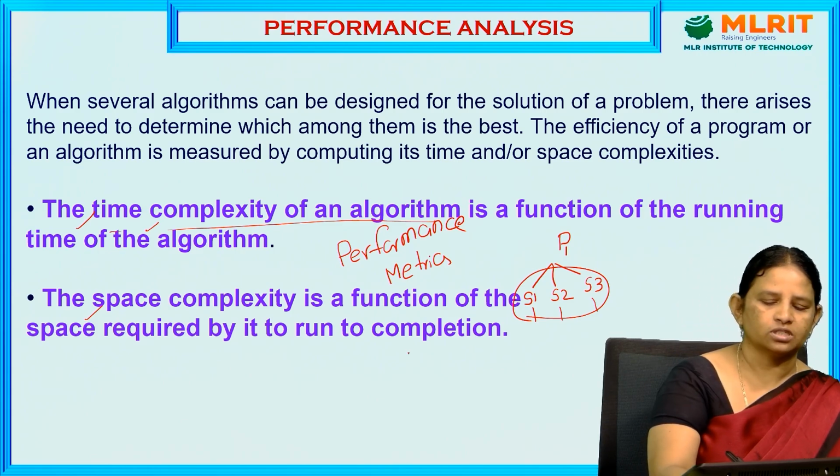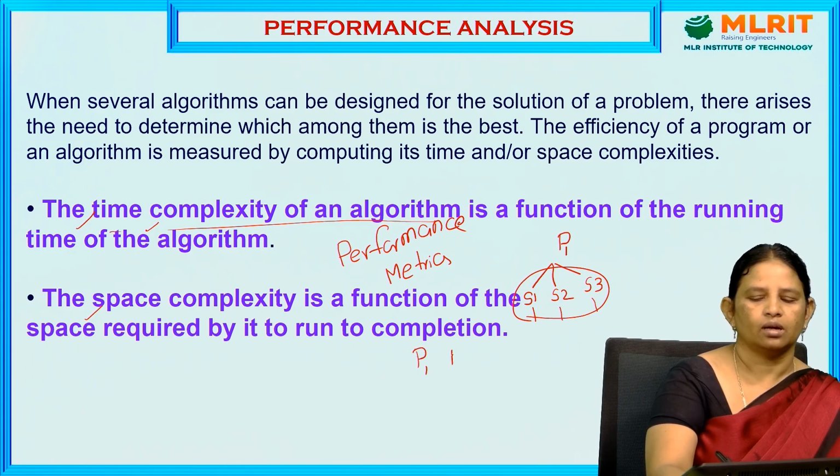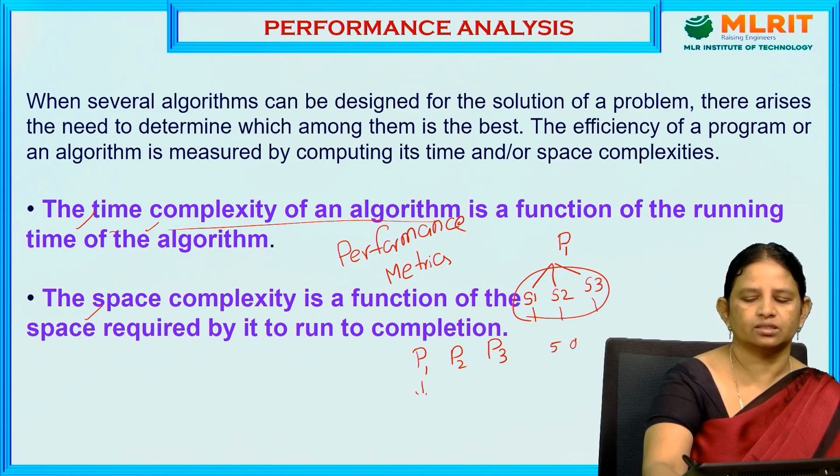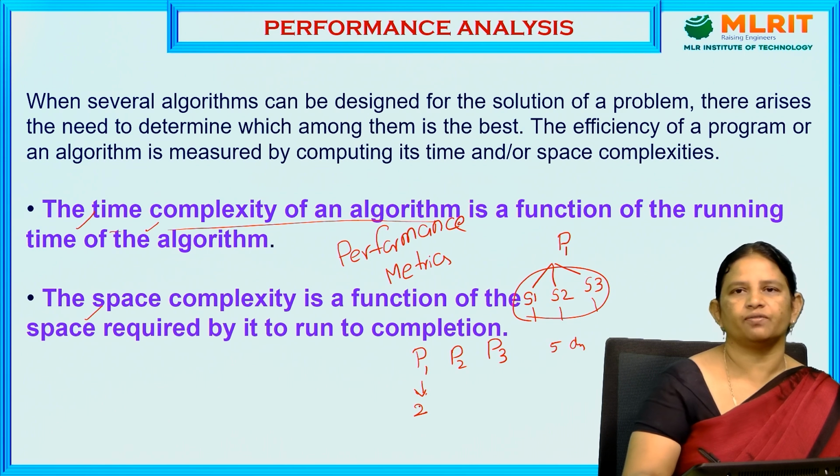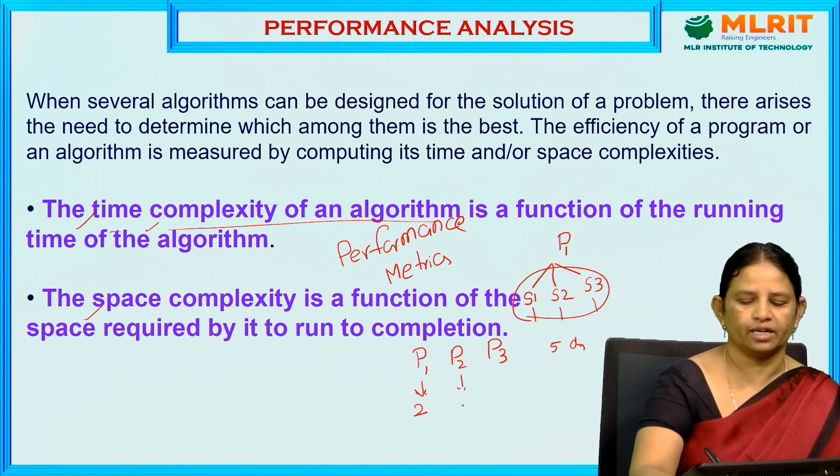For example, suppose the work is assigned to three persons, P1, P2, P3. The deadline is 5 days. Suppose person 1 can complete it within 2 days, person 2 completes it in 4 days, person 3 takes 10 days. So, who is the best?